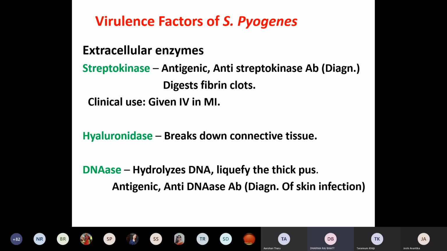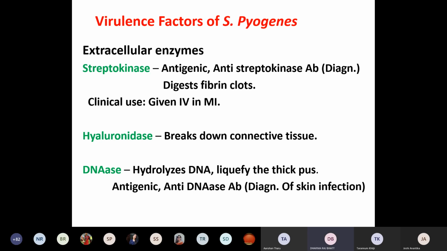Hyaluronidase again is an enzyme produced by Streptococcus pyogenes. It breaks down the connective tissues and helps in the spread of the organism into the connective tissues. Similarly, we have another enzyme called DNase, which causes hydrolysis of DNA and liquefies the thick pus.